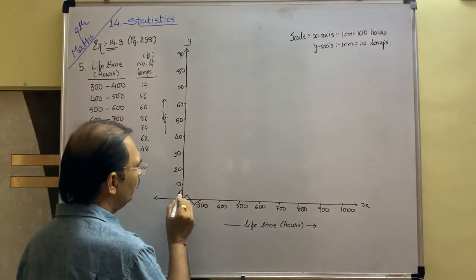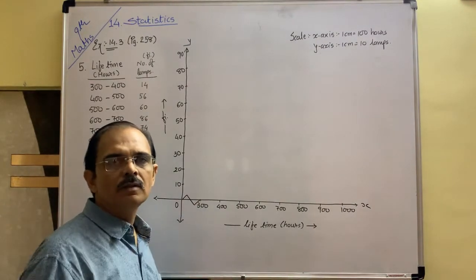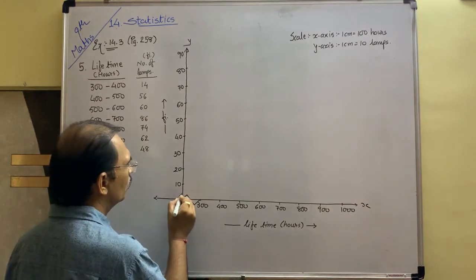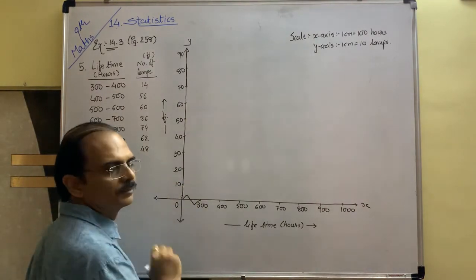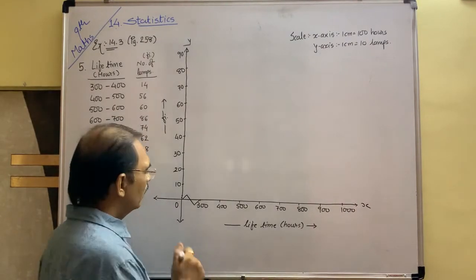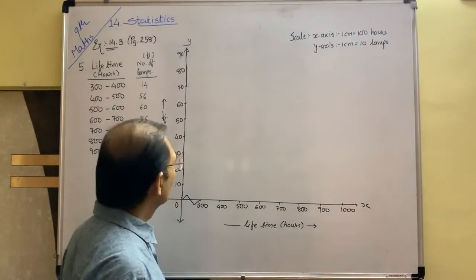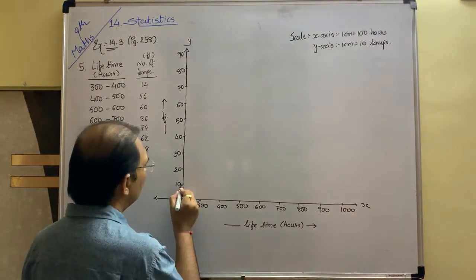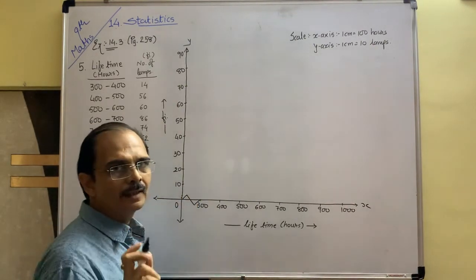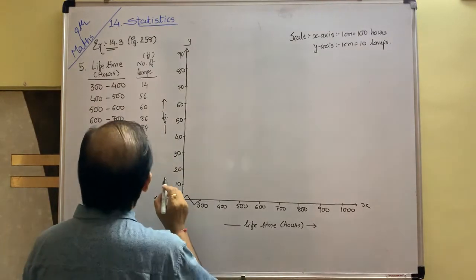This is 10. If one box, 1 centimeter, carries 5 parts, then each part carries 2: 2, 4, 6, 8 and 10. If there are 10 parts, then each line carries 1. Is it okay?